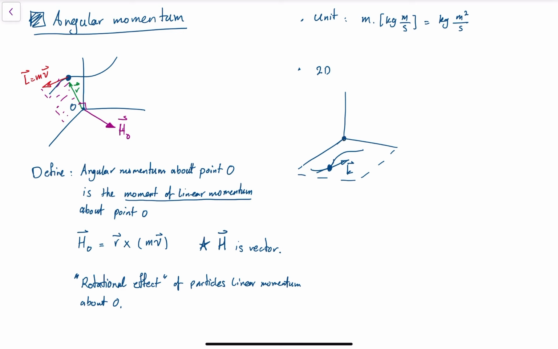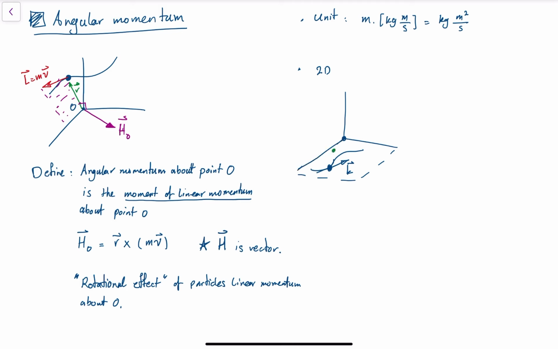Instead of O, I want to have another reference point, my new reference point O prime, and I want to find the angular momentum about it. Let's do it here, O prime.